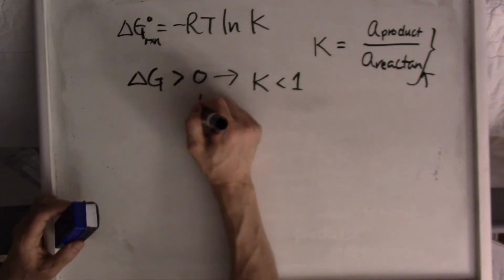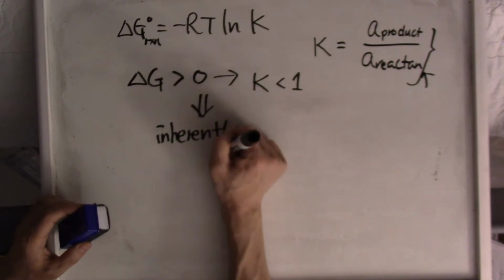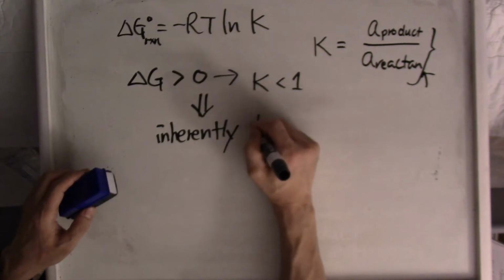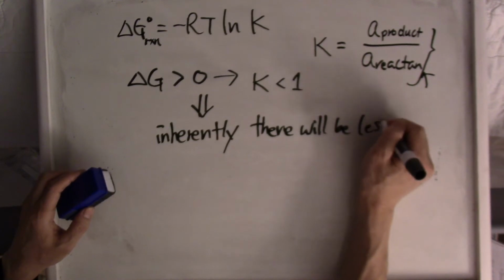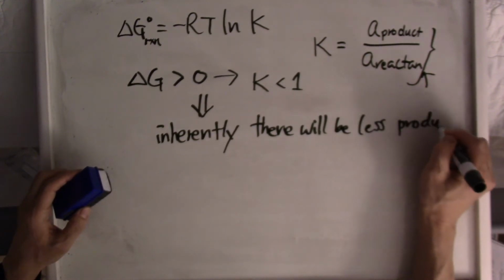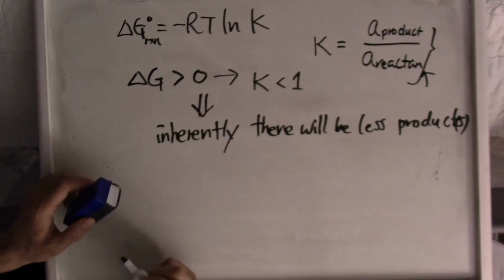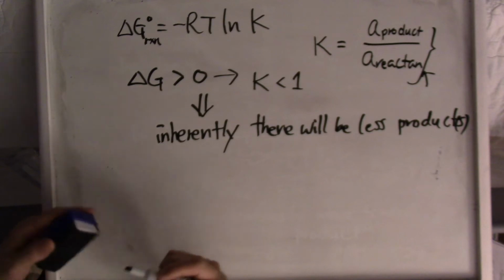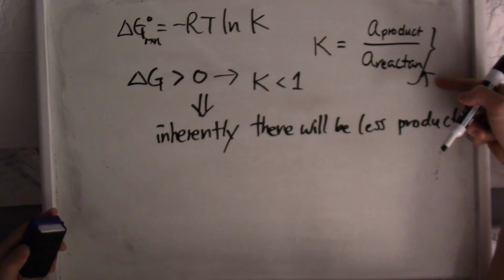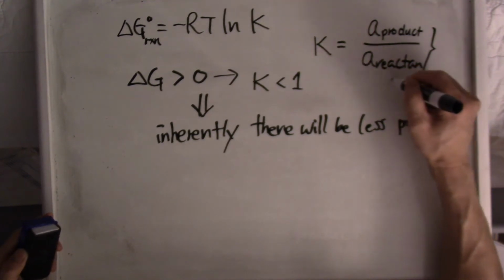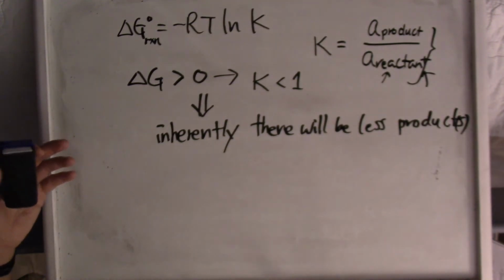So in this case, inherently there will be less products, or product, depending on the type of species you're dealing with. Less products because it's less than 1, so the denominator is large ratio-wise. So this part is more dominant. So reactant is more dominant.